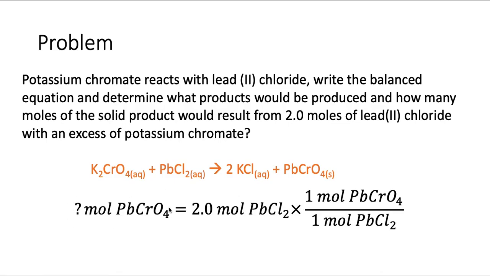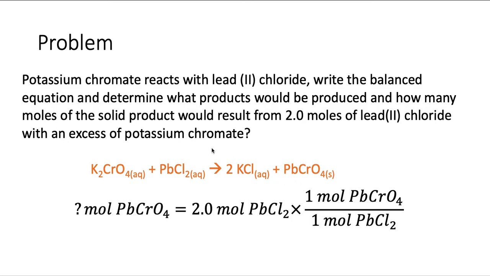I am after how many moles of lead 2 chromate I will get. That is equal to, I start with the moles of my reactant that I'm given, 2 moles of lead 2 chloride. And then I set up my ratios in such a way that I will cancel my moles of lead 2 chloride and I'm left with moles of lead 2 chromate.